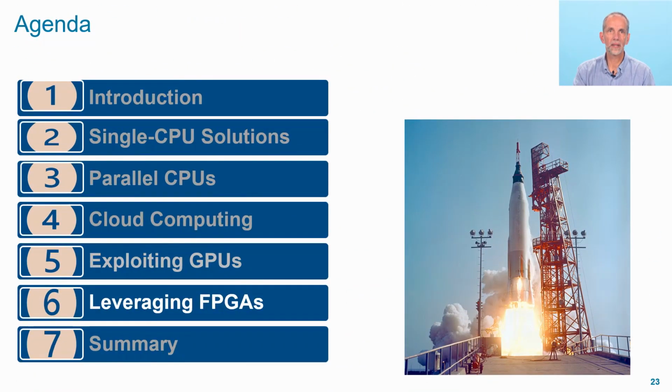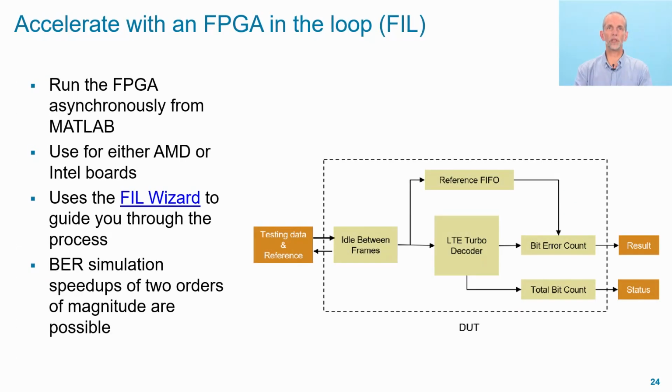Okay, our final topic, leveraging FPGAs. So this is really useful when you use FPGA in the loop, or FIL. So if you have a system that has one really, really tall pole, then this FIL technique is probably very, very worthwhile. In this particular block diagram that you see, basically you have one component that takes up a lot of time.